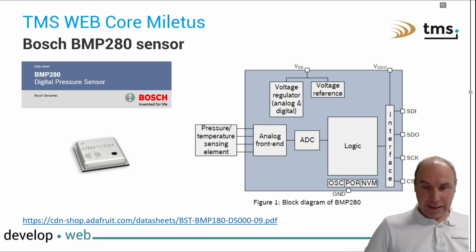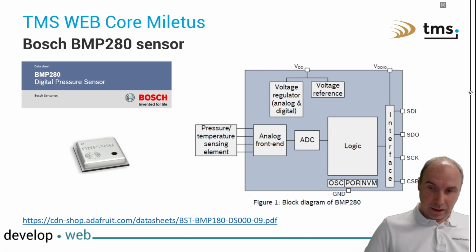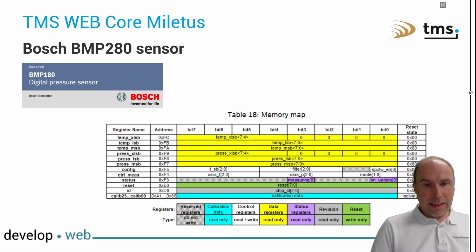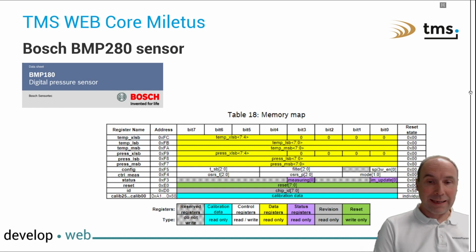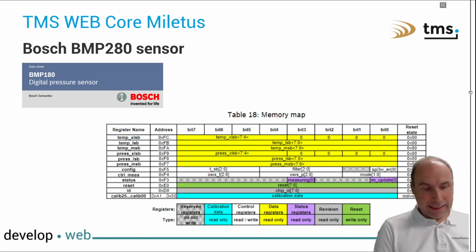It has an SPI interface. It therefore uses the SPI pins SDI, SDO, the clock pin, and then also the common ground pin and the CSB pin. And this is the map of registers that this sensor offers, and it is through reading these register values that you will be able to retrieve the temperature, the humidity, and the air pressure.